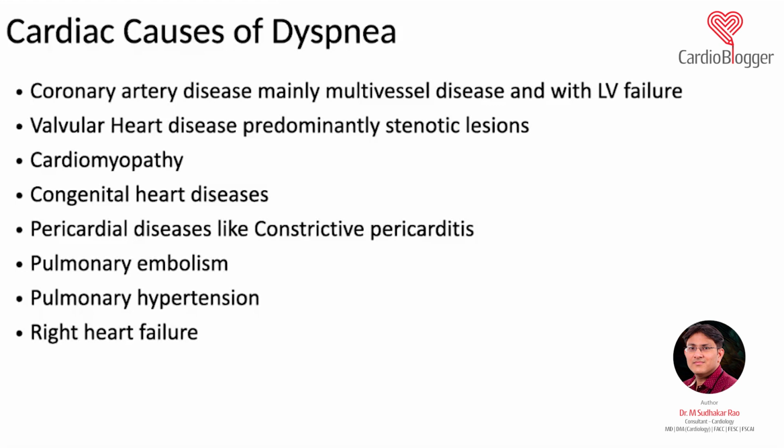Pulmonary hypertension is the same mechanism. Here the ventilation perfusion VQ mismatch occurs, which causes dyspnea. And right heart failure, I'll come to the next slide. There are various causes of right heart failure which can present with dyspnea. I think this is one slide where I have told you clearly all the cardiac diseases and how they can cause dyspnea.